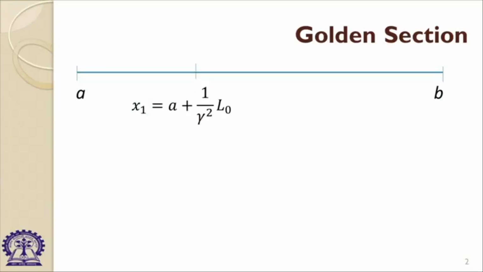This is the first point, that is the first approximation of the optimal solution, that is x1, and this is being calculated as A plus 1 by gamma square L0. L0 is the initial interval of uncertainty, that is B minus A, and here one parameter we have introduced, that is gamma.